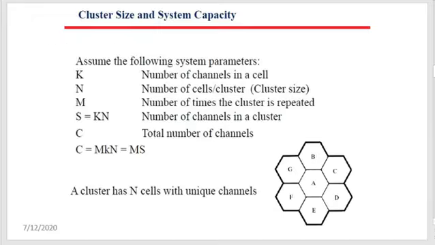Now imagine you have 600 channels. You cannot move away from a particular frequency range, because in wireless communication every system has been allotted a frequency range. If you see FM radio, it has a particular frequency range. That frequency range we will not use in cellular mobile communication.